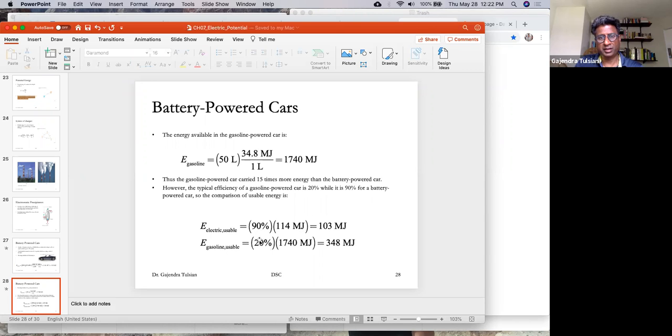A gasoline engine converts only 20% of the heat released into motion. Okay, and so you see the gasoline engine is able to convert only that portion of this energy into motion, and those are comparable. So this is with 100% gasoline use, this is about 50% gasoline use, so you double that and all that kind of stuff. Anyway, so that's how they're comparable.